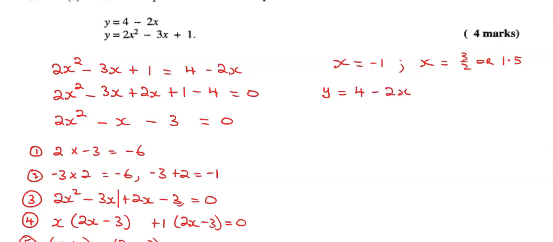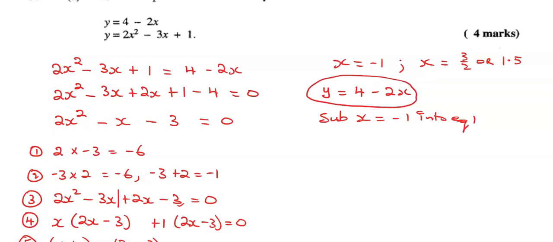So what we're doing, guys, we're going to substitute x equals -1 into equation 1. So wherever we see x, we're going to replace it with -1. So here we go, guys. y is equal to 4 minus 2 times -1. Alright, 4 plus 2 is equal to 6.